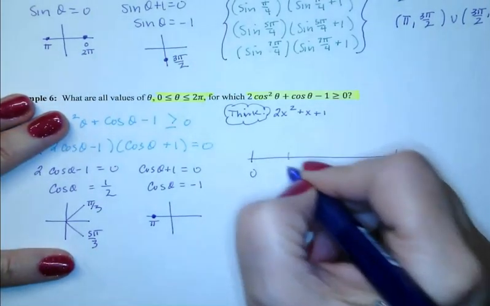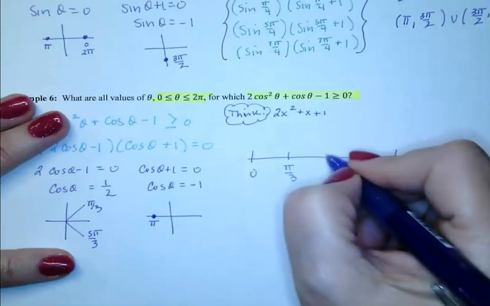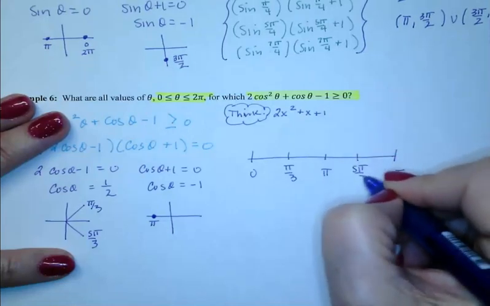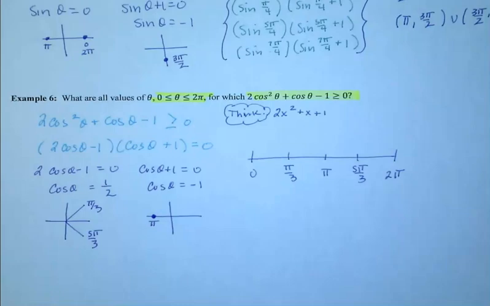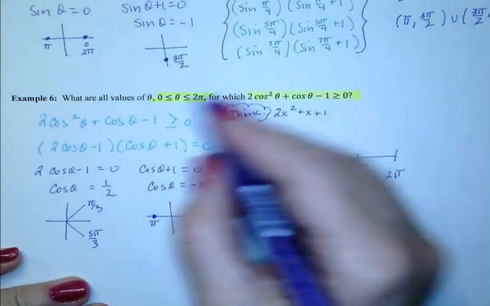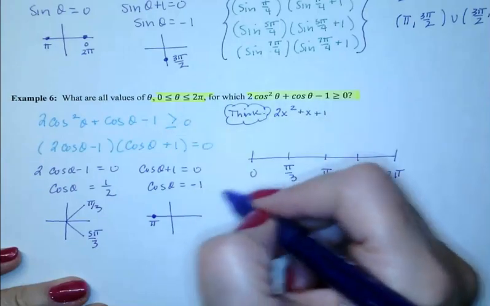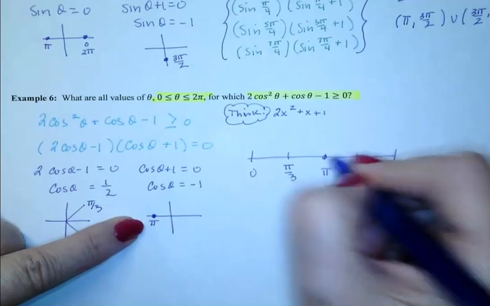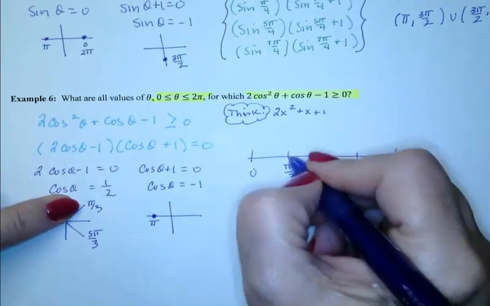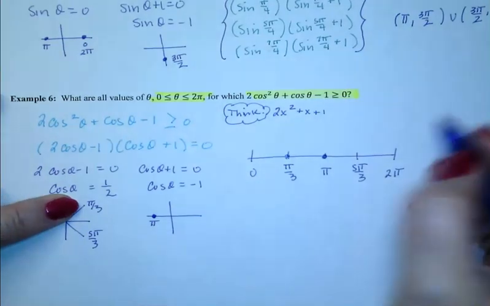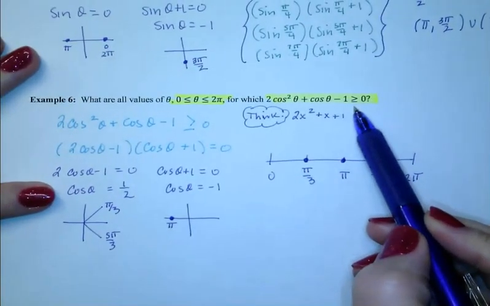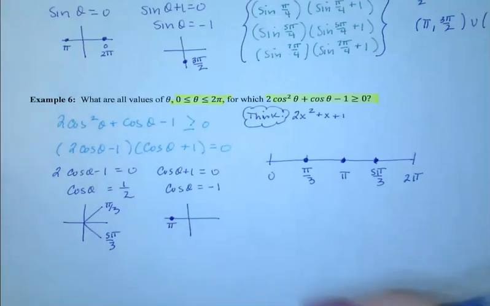We know that at 0, pi, pi over 3, and 5 pi over 3 we're on the x-axis. But we have to be careful and make sure we know what our inequality is telling us. It's telling us that we can include those points as we're working through this.